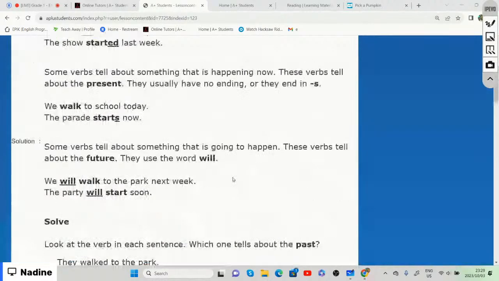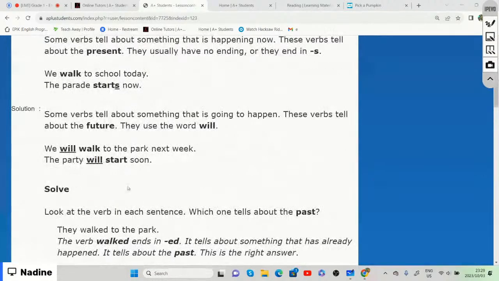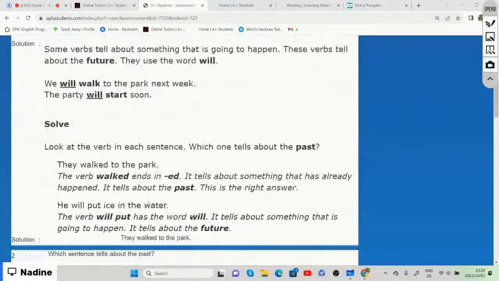All right, if we look at these two sentences, the first one being they walked to the park and he will put ice in the water, we need to say which one tells us about the past. Remember, we said that our verb that tells us about the past ends in ed.